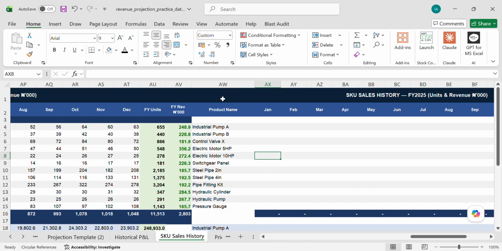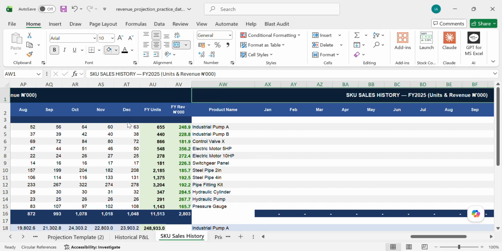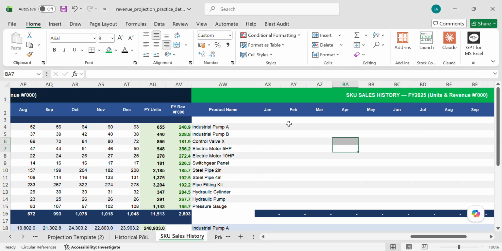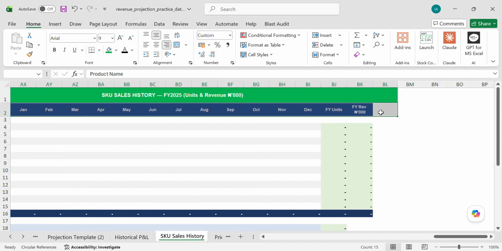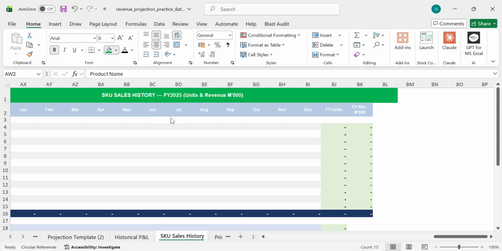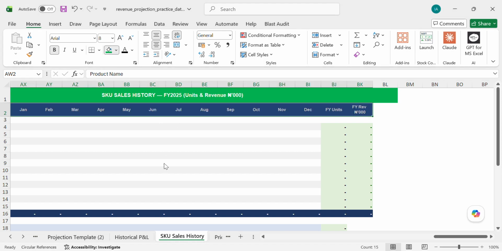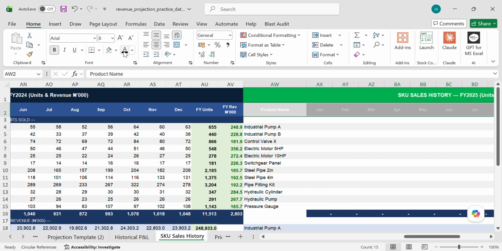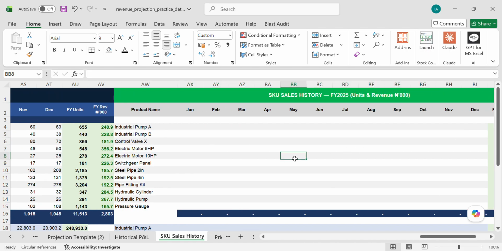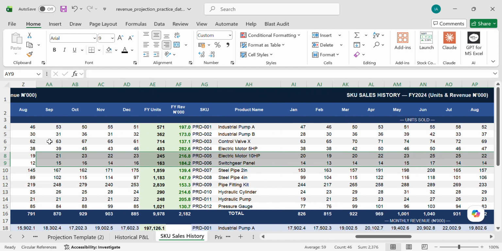So let me put this one in green, which is the active year that looks different from others, right? Let me put this one in a lighter gray, and make it in black. So now this is 76.